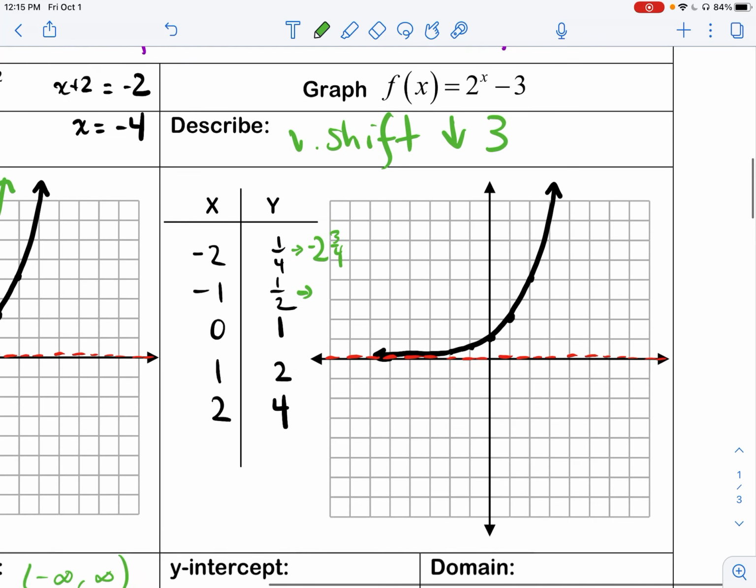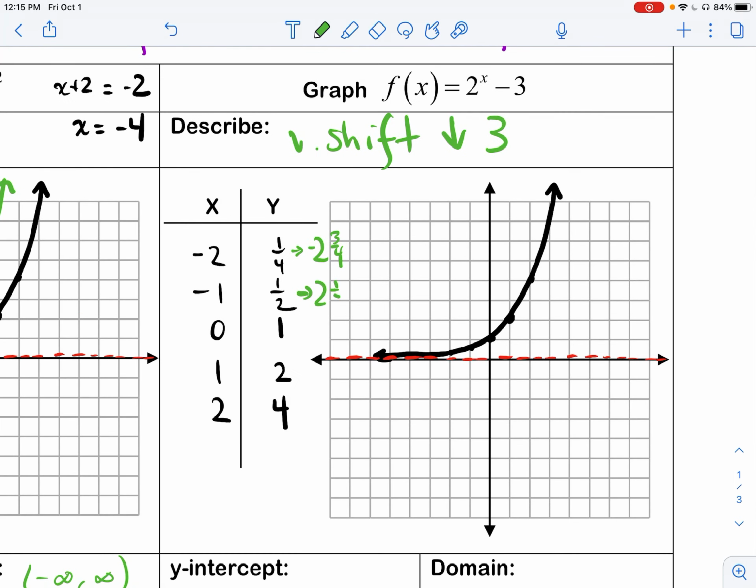So 1/4 goes to -2 and 3/4. 1/2 goes to -2 1/2. 1 minus 3 is -2. 2 minus 3 is -1. 4 minus 3 is going to give us +1.